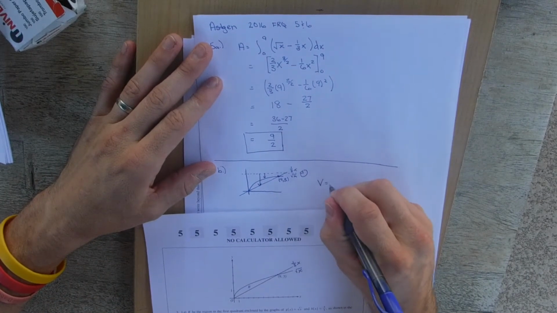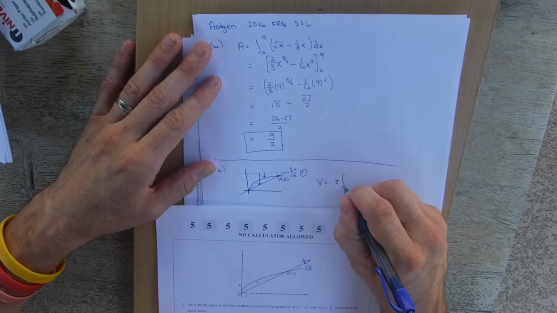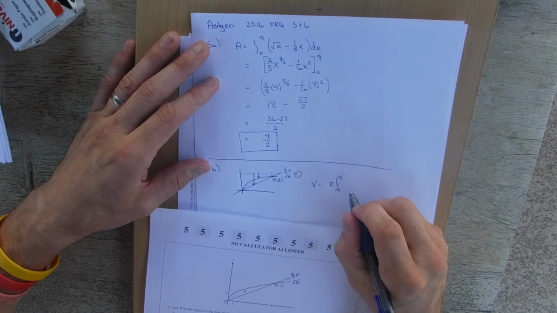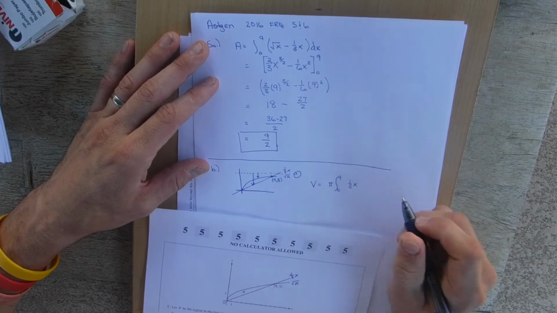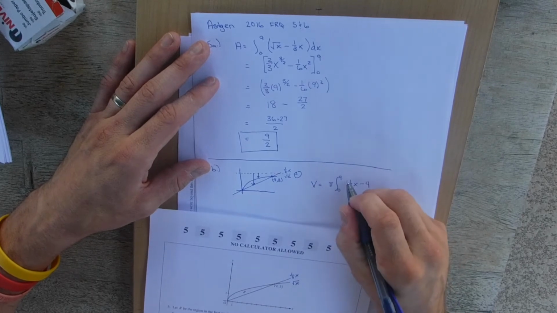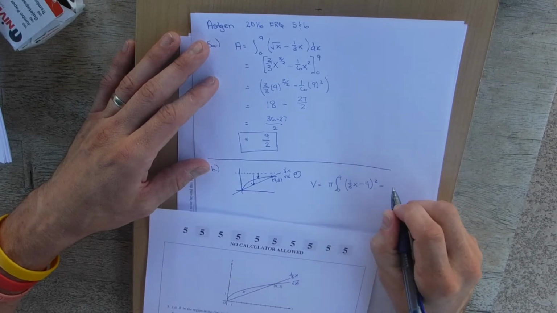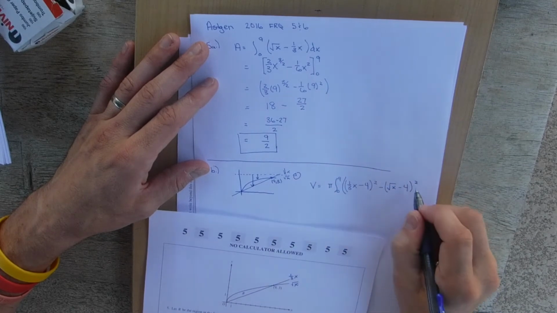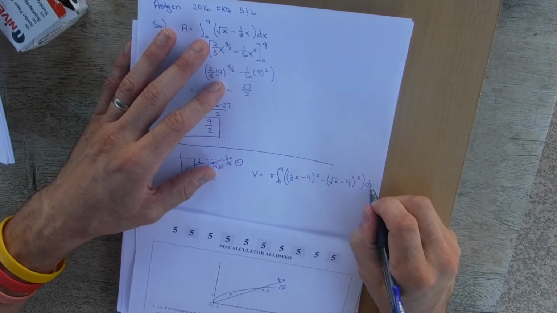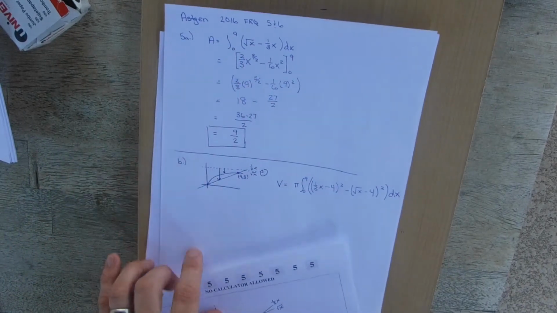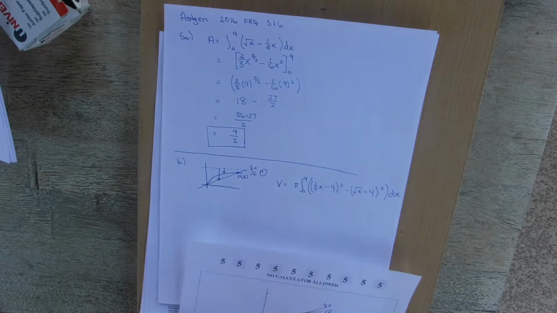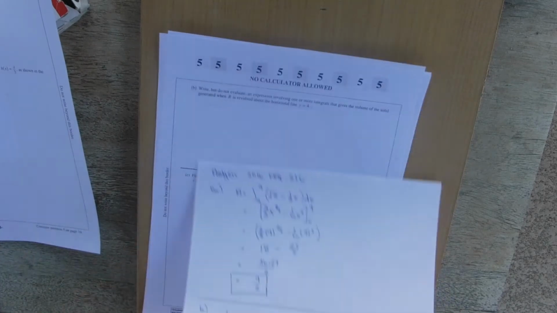So volume is going to be pi times the integral from 0 to 9 of the big radius, which is the 1/3 x, minus the new axis, squared, minus the little radius minus the new axis, squared. Right, but do not evaluate. There you go. That's your volume. Okay. That is right, but do not evaluate.